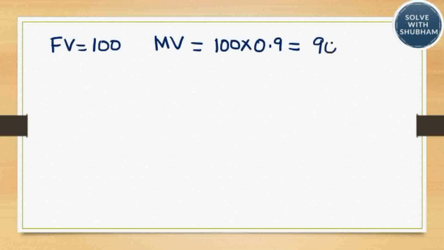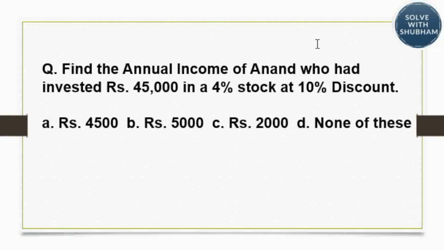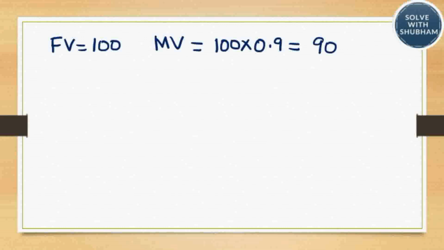So here we look at the third thing. Your face value would be 100, market value 10% discount. So 100 into 0.90. Question says it is 4% stock. What does it mean? When you buy a share for 90 rupees, you get 4 rupees as income.